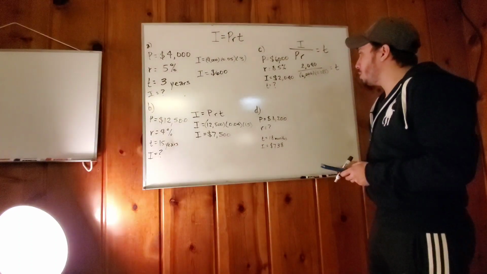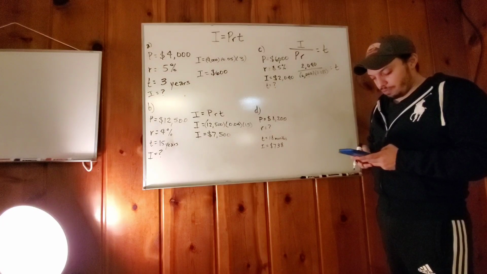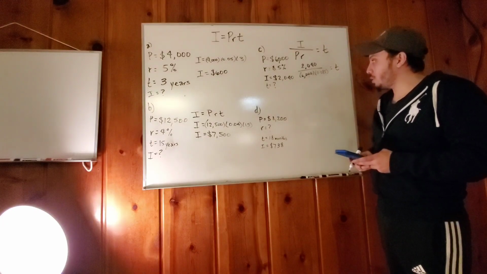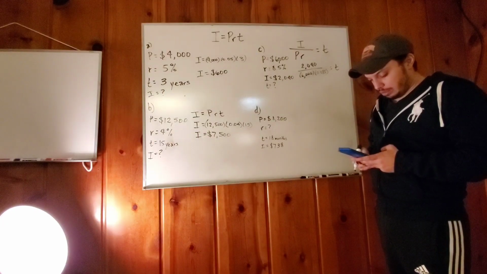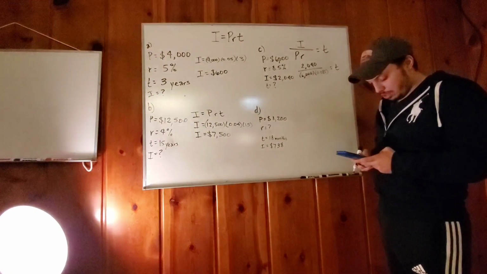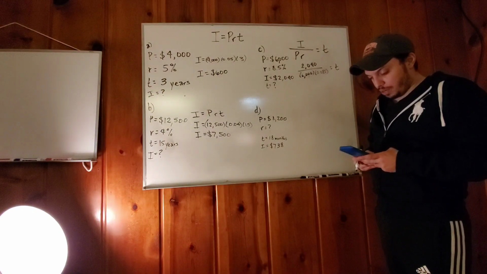Now I do it in my calculator: 2040 divided by 6,000 times 0.085.